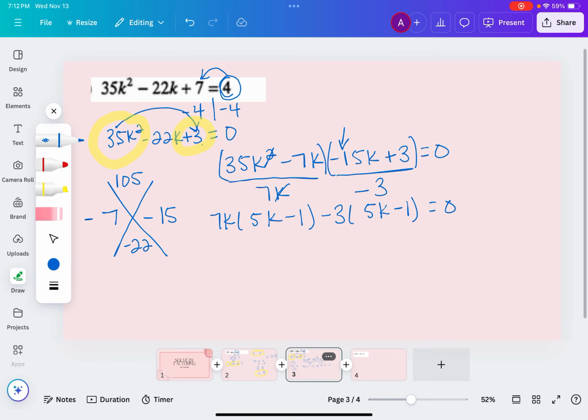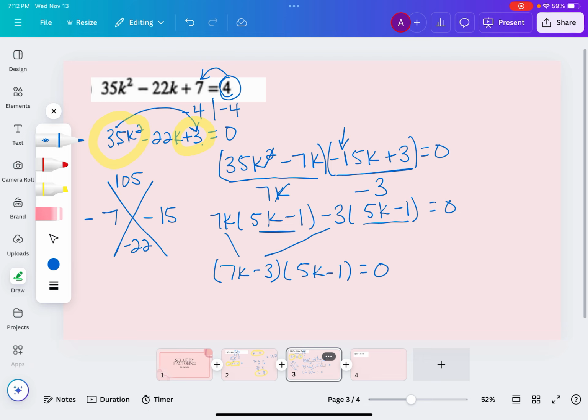Equals 0. So because I ended up with the same thing here and here, I'm good to continue. So I have these. So 7k minus 3 and 5k minus 1. Whew. A lot of work.